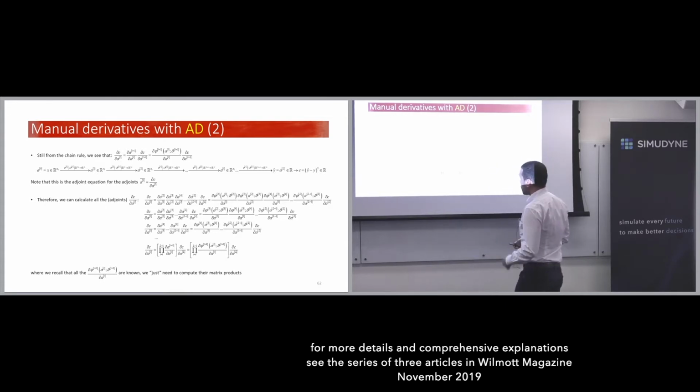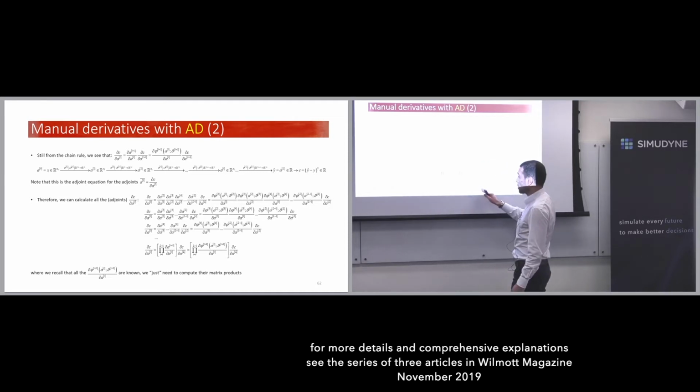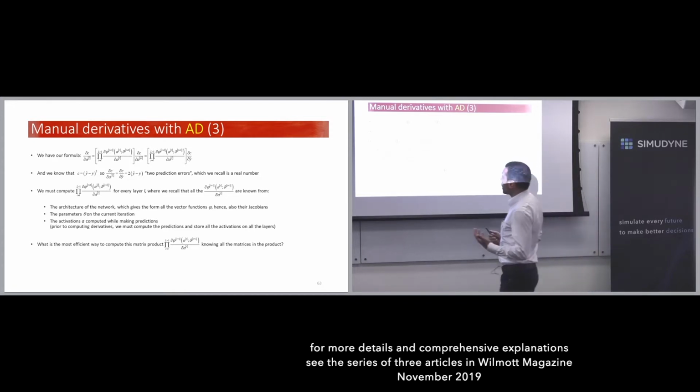What we are getting from these equations is that the derivatives that we need, the dC over dA_l, are products of matrices that we know. And all we have to do is compute this matrix product. So we really have our formula by a direct application of the chain rule.